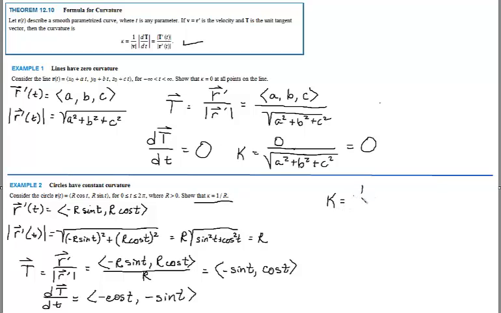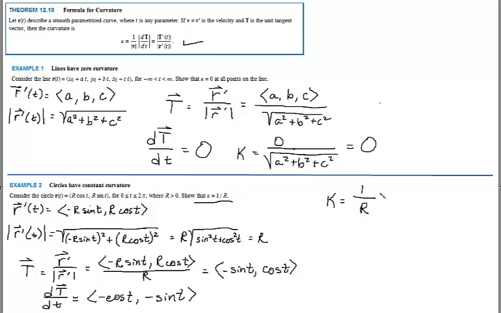So this is 1 over, and this velocity vector is just the derivative of my position vector, so that would be r. Next I need the magnitude of the derivative of my tangent vector, so I'll get the magnitude of that right there.